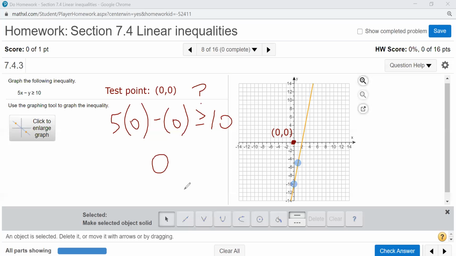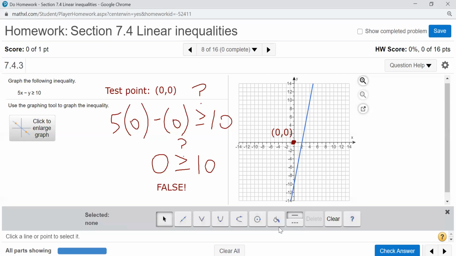You're going to get a 0 on the left, all told. And you're asking, is 0 greater than or equal to 10? No, 0 is definitely not greater than or equal to 10. We get a false statement. That's okay. All that's going to do is tell us this is not the region that should be shaded. The region that had my test point in it gave me a false answer, so I don't shade this region. I shade the other one.